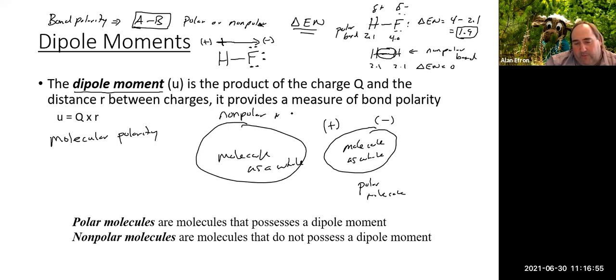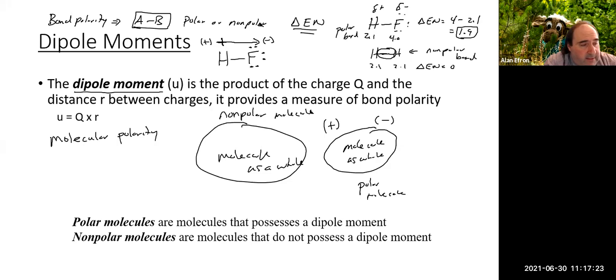So what we're really talking about here is the entire molecule together. That encompasses all of the bonds and all the atoms that are present. It also will encompass, in certain cases, the geometries of what's present. We want to take all that into account to determine whether, as a whole, the molecule is going to be polar or non-polar.